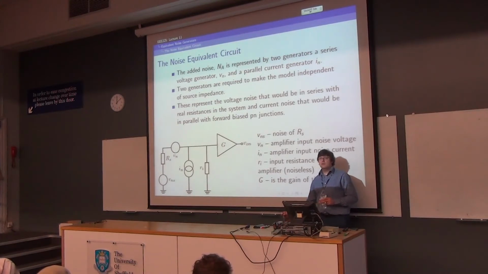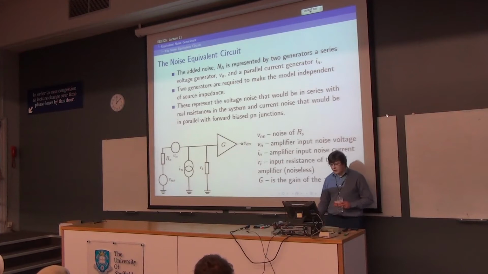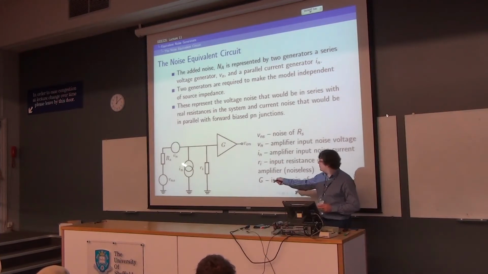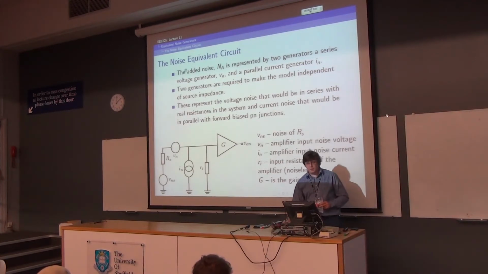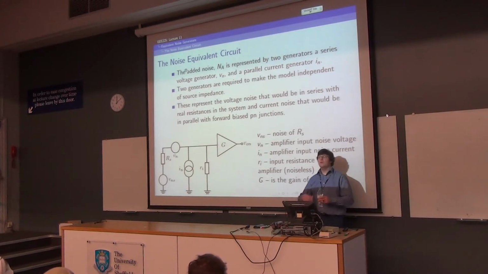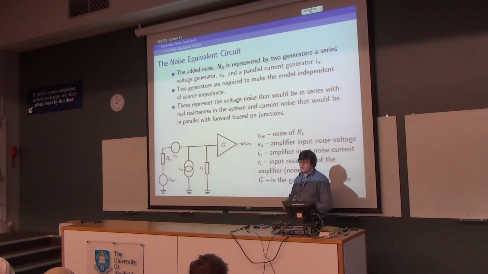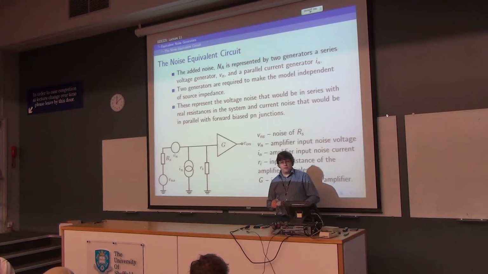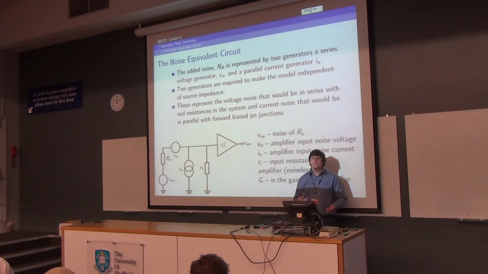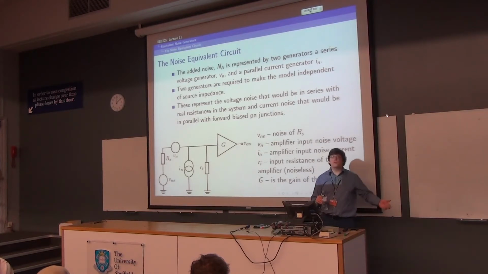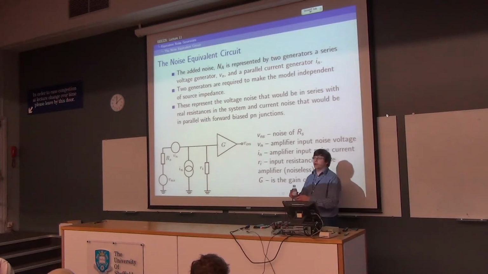But not always. So we need the two noise sources, the Vn and the In, because if we just say, oh, I'll try and lump it all into Vn, or I'll try and lump it all into In, the noise result would be dependent on the size of Rs. But actually, we can choose any source that we like. It depends on the problem we're solving, and we can choose any amplifier we like.